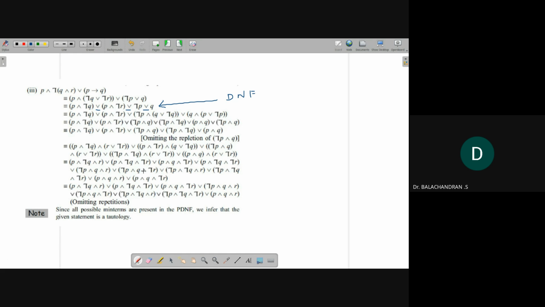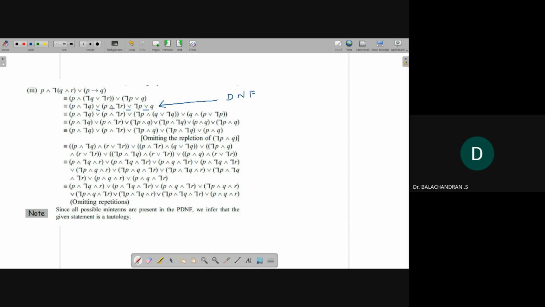I think we'll get 8 terms. 8 terms means all possible minterms are present, which is given in the note. Since all possible minterms are present, we infer that the given statement is a tautology. There is no PCNF for this one.